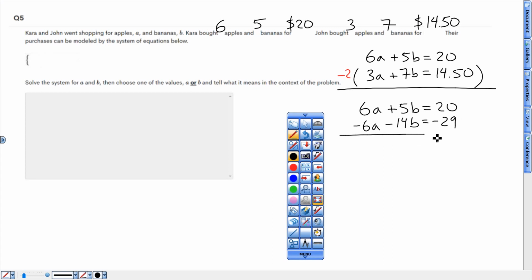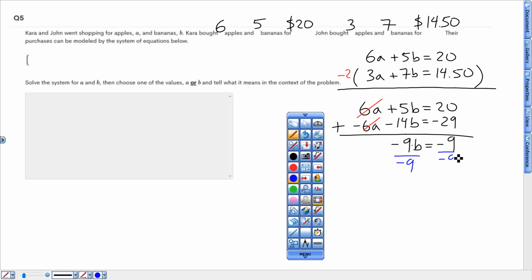Now when I add these up, because these are opposites, they'll cancel. 5 take away 14 gives me -9b. 20 minus 29, -9. Opposite of timesing by -9, dividing by -9.